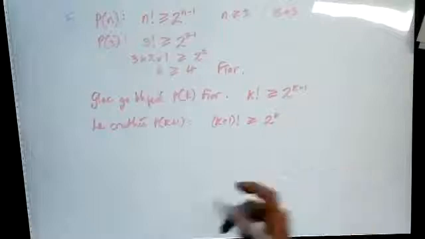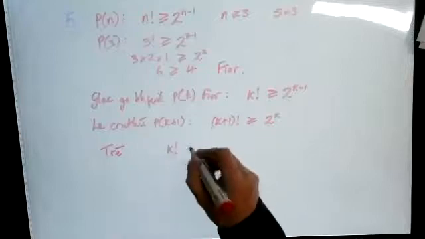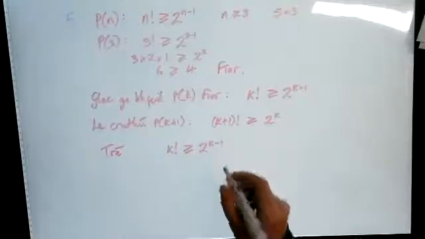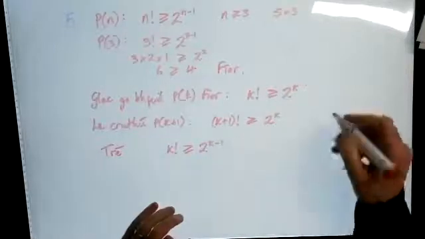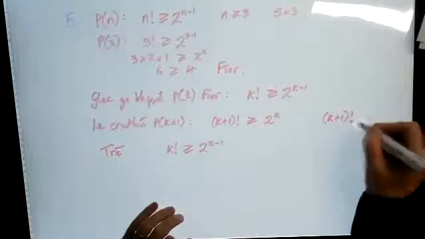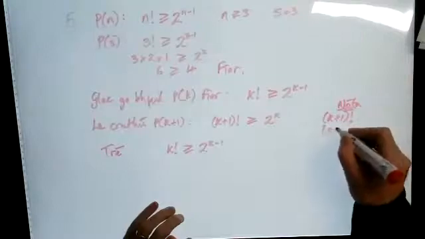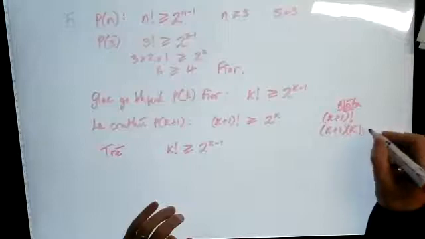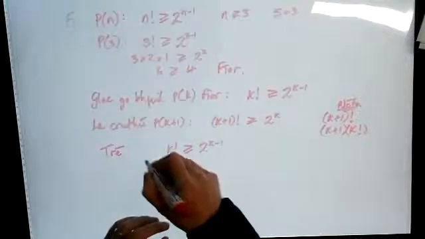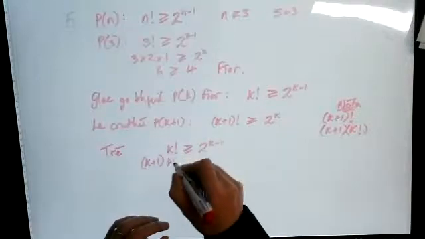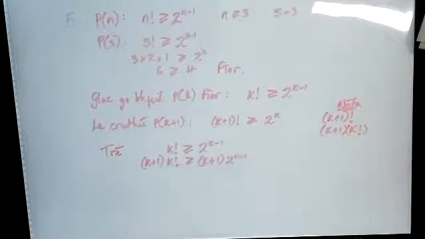Now we assume that k factorial is greater than or equal to 2 to the k minus 1.